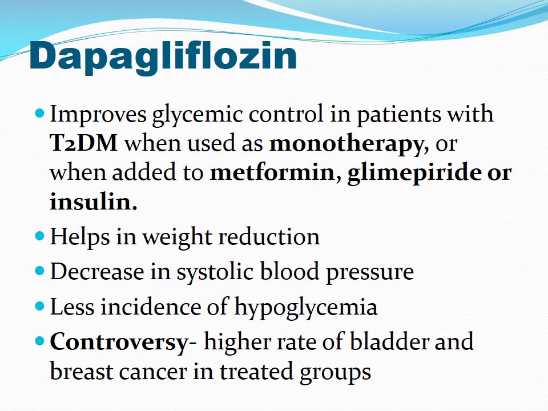It helps in producing weight reduction, helps to reduce the systolic blood pressure, and has less incidence of hypoglycemia, but there is controversy. Some studies have shown that they are associated with a higher rate of bladder and breast cancer.